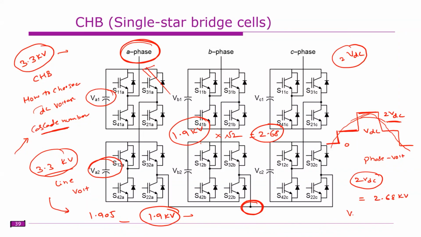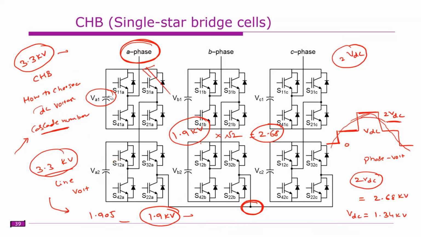So from this, what is the approximate value of VDC? Two VDC is 2.68, right? So what is VDC? 1.34 kV.